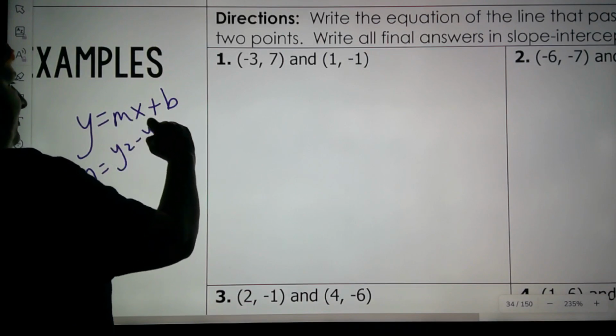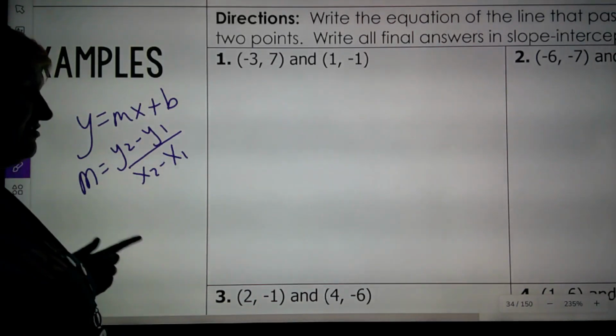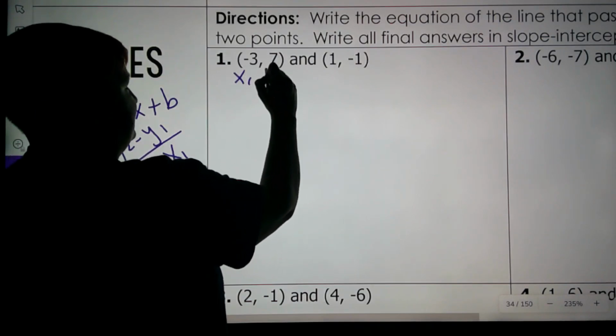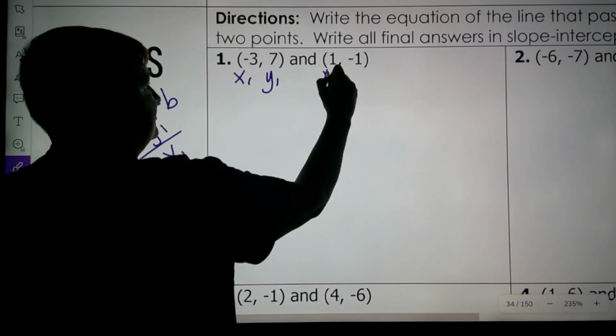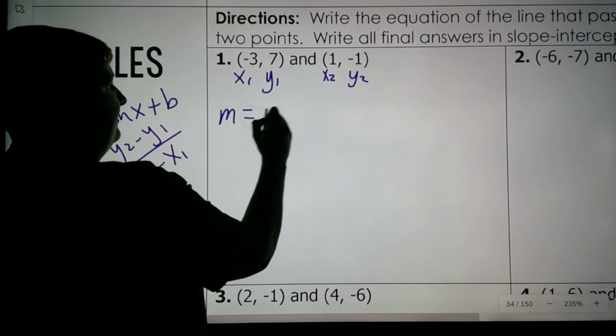Y2 minus y1 over x2 minus x1. Let's use that one first and then write the next one. All right, so your first x, your first y, second x, your second y. Plug it into the formula.